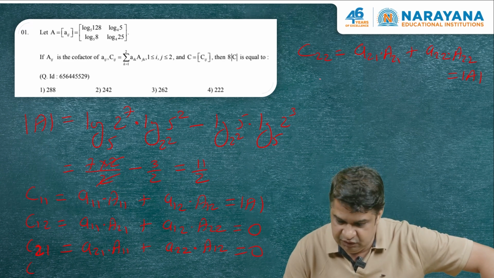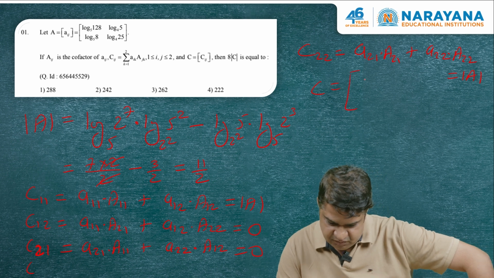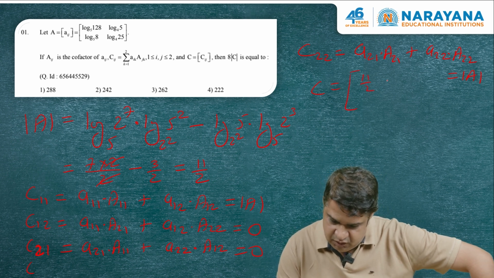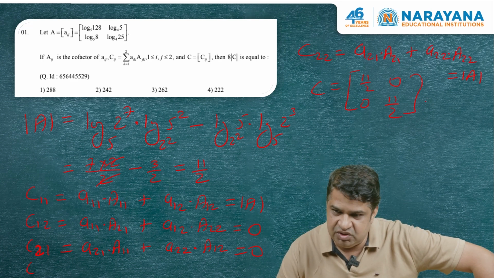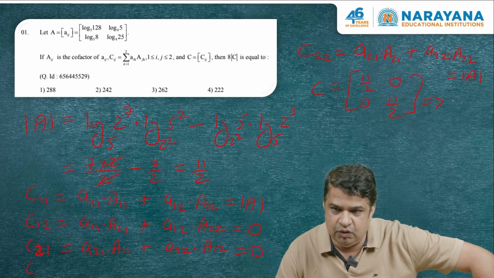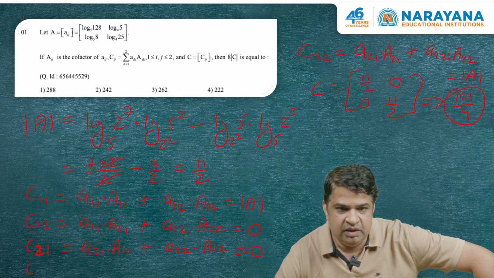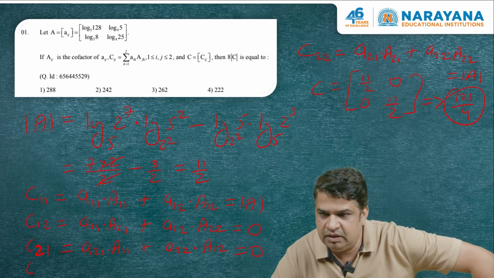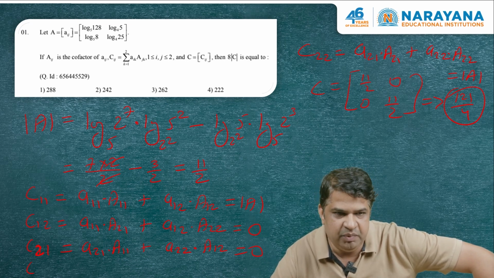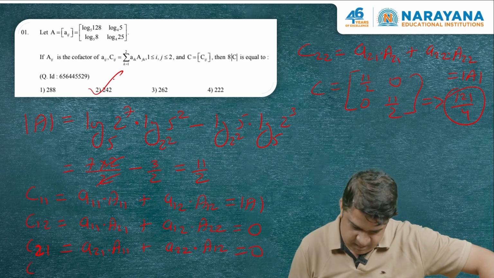So, from this we get our matrix C as 11 by 2, 0, 0, 11 by 2. Obviously this determinant value will become 121 by 4. And what we need is the determinant value multiplied by 8, that is 121 multiplied by 2. So, our answer will be 242.